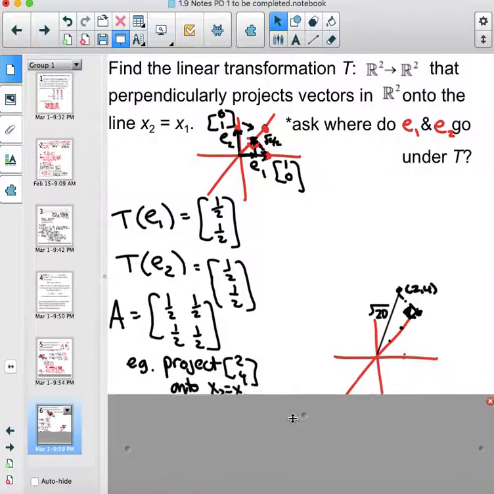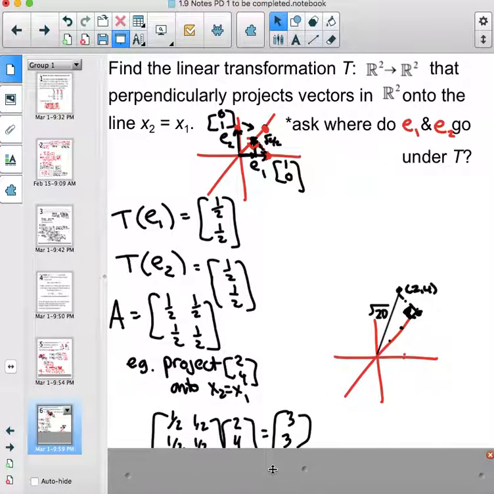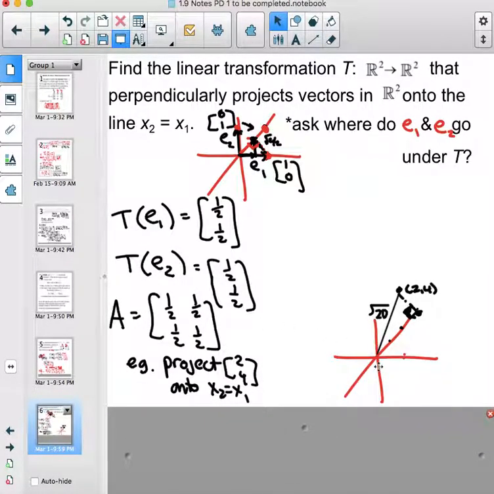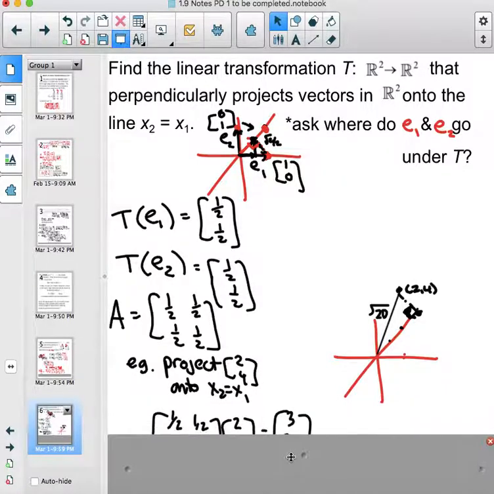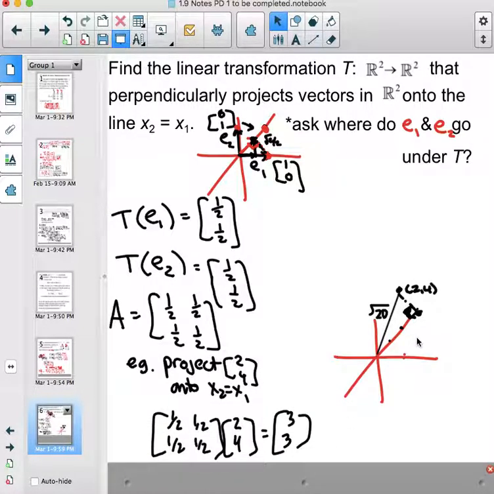And then how would you project, let's say, 2, 4 onto that line? You go over 2, up 4, this point here. Hypotenuse is root 20. And you want to find out what the point is here. Well, just do the matrix multiplication, A times 2, 4, and get 3, 3.